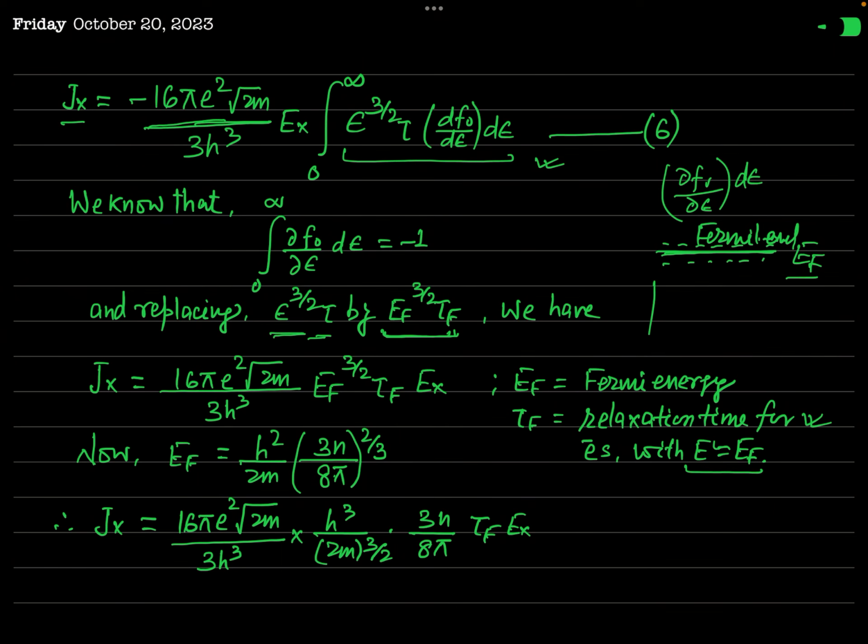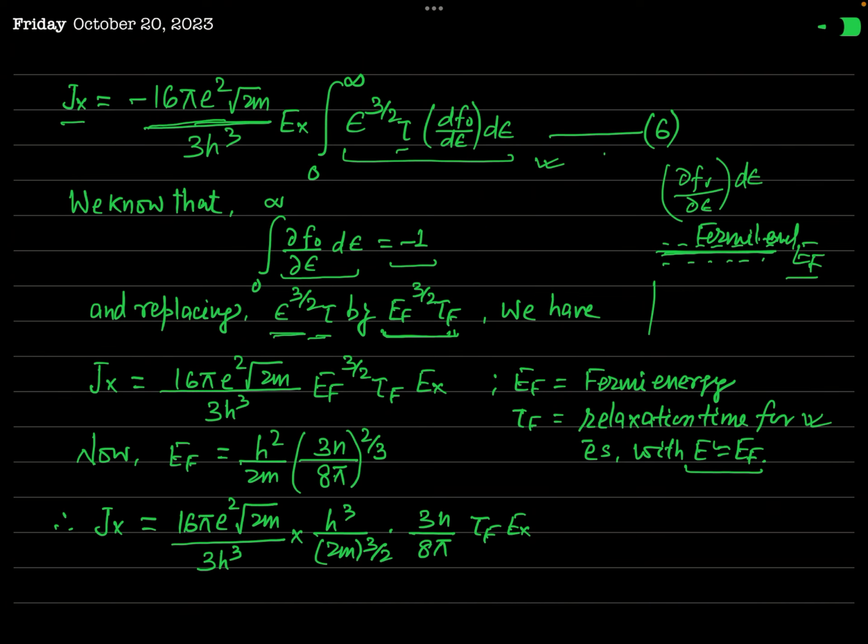And we also know from the property of the FD distribution function that the integral of del f naught by del epsilon d epsilon from 0 to infinity is equal to minus 1. Here the property of the Fermi distribution function has been used. So now use these two facts in equation 6.